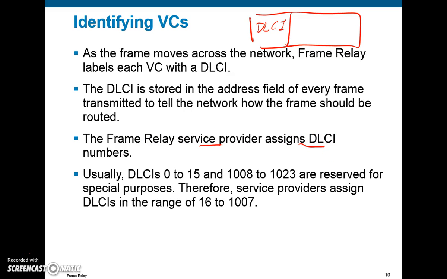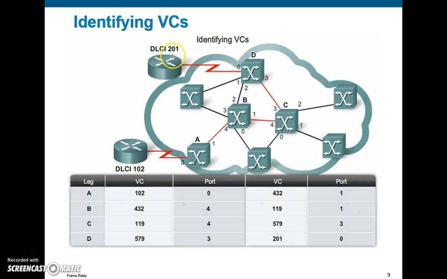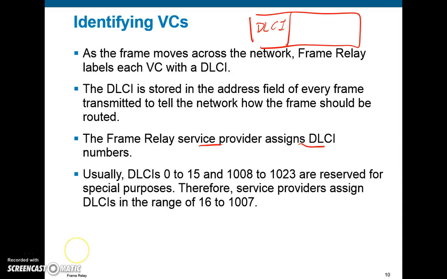So once you subscribe to the service provider and tell them, I want a connection from this link to this link, then the ISP will pre-program this table for you so that the packet can travel from the source to the destination. DLCI numbers from 0 to 15 and 1008 to 1023 are reserved for special purposes. So any number not within this range, between 16 and 1007, the ISP can use.